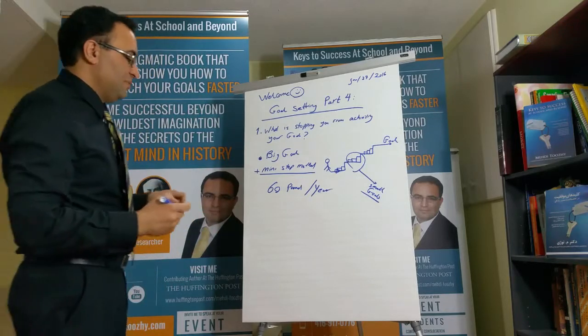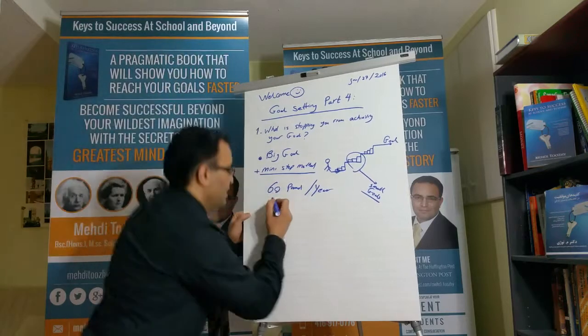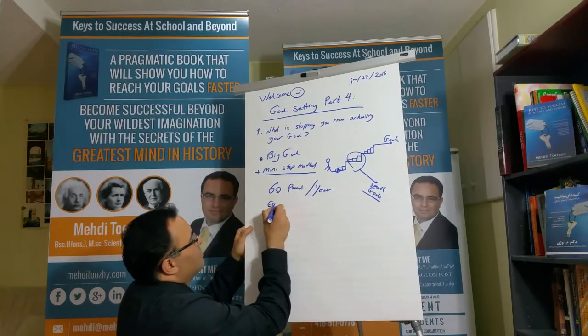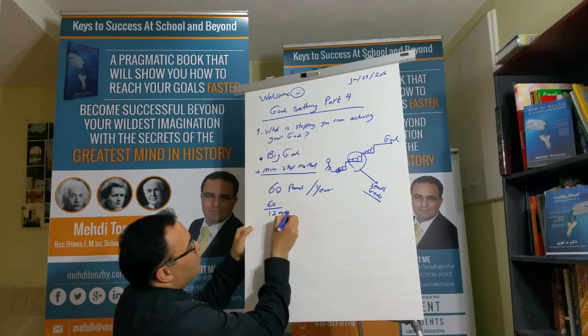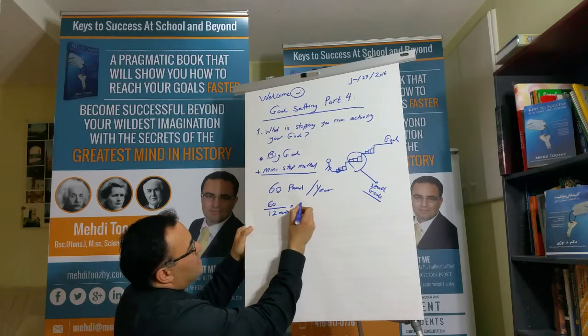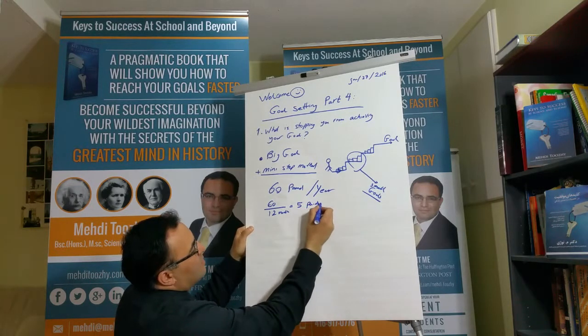So by mini step method, you can say, okay, this 60 pounds, if I divide it by 12 months, that is 5 pounds per month.